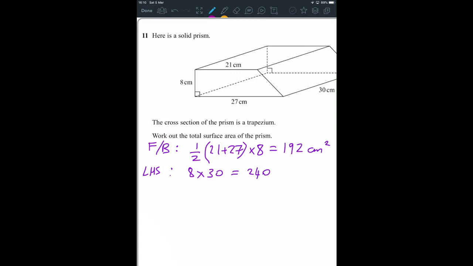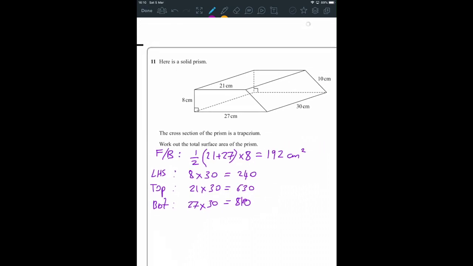We have the top. That seems quite easy. 21 times 30 is 630. We have the bottom, which is 27 times 30, which is 810.